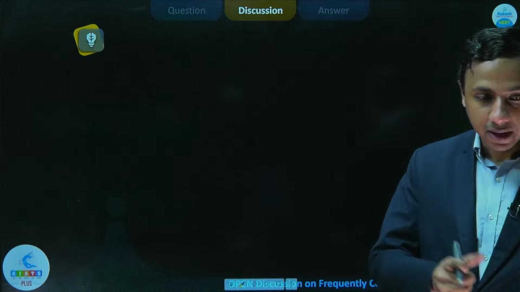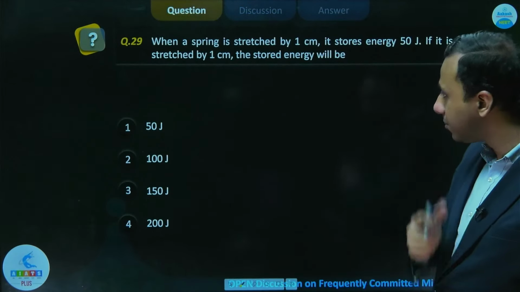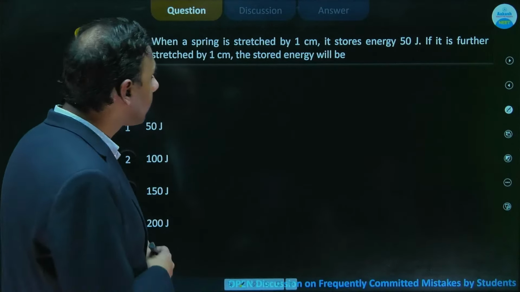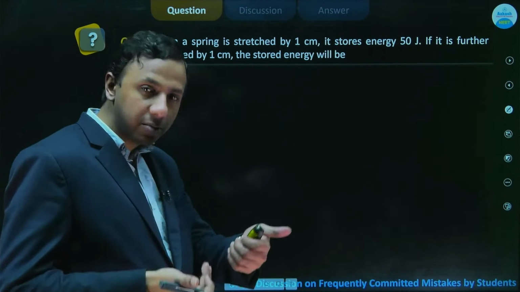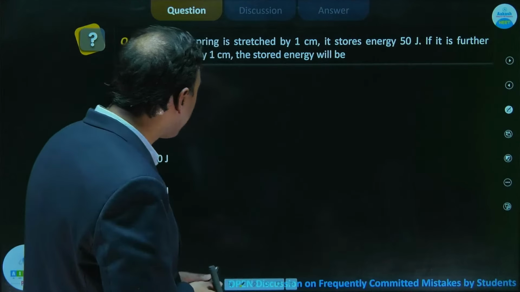Someone is saying option 4 is the answer. Okay, fair enough. Let's see. When it is stretched by x or compressed by x from natural position, what will the stored energy be?